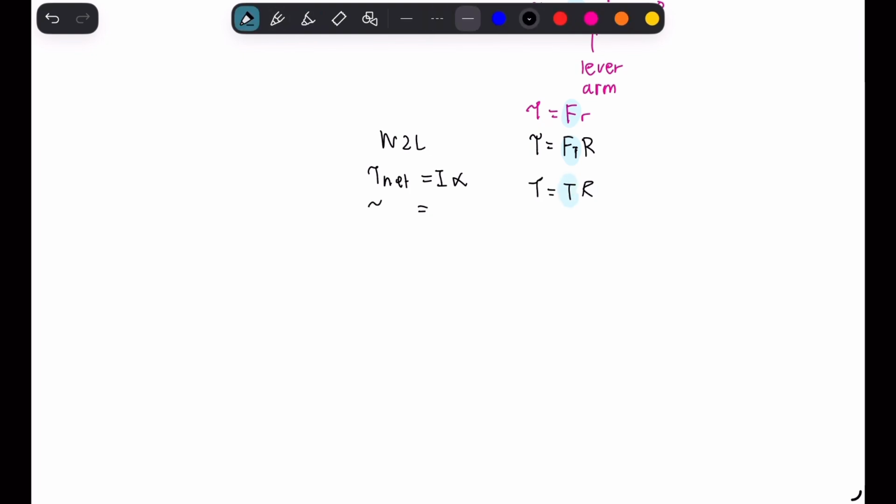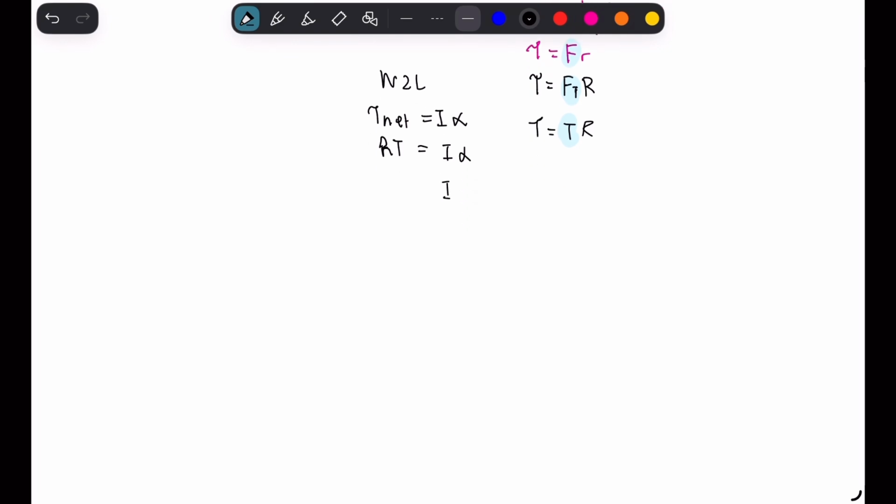So this is going to be R times tension is equal to I times alpha. Now our moment of inertia was I is equal to 1/2 mass of the disk times radius squared. So this is going to be RT is equal to 1/2 mass of the disk times radius squared times alpha.